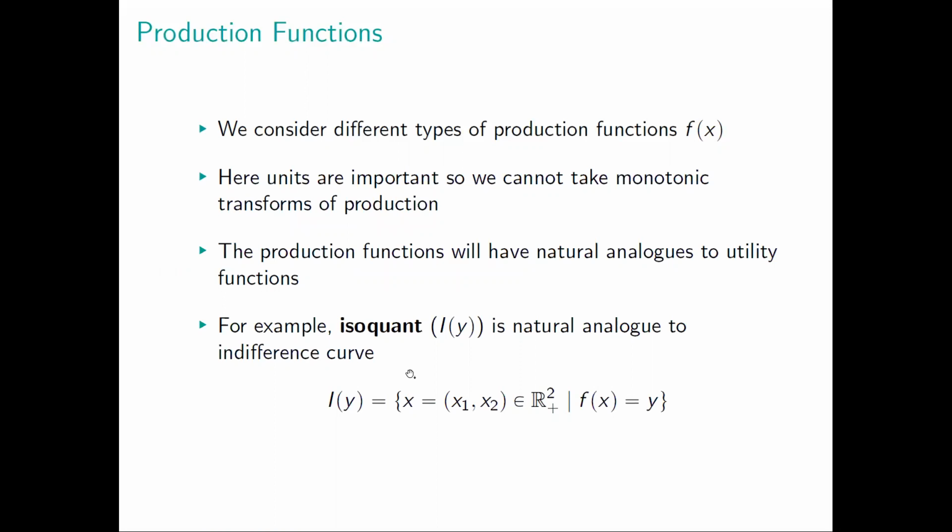So an isoquant is denoted I of y, and this is the natural analog to an indifference curve, right? So I of y is the set of inputs that produce exactly y, right? So this is just like an indifference curve where we were considering the amount of goods that give utility at least u bar, right? So this isoquant is going to take the role of the indifference curve for these problems.